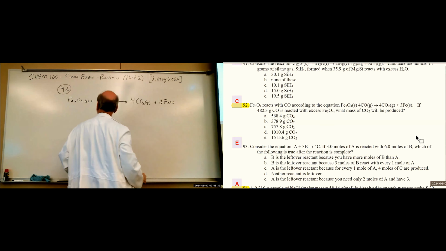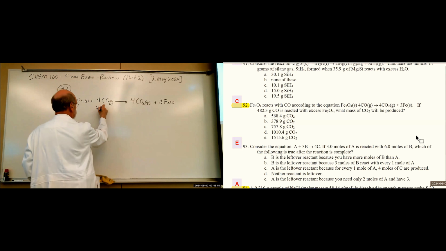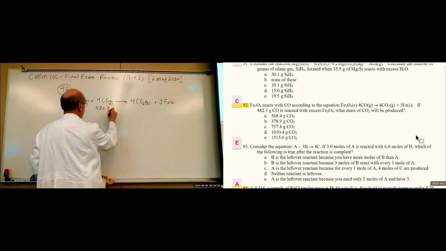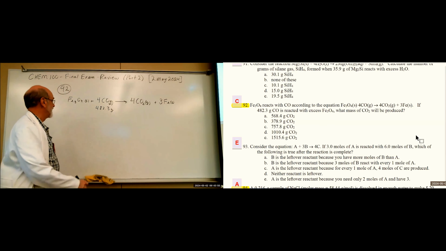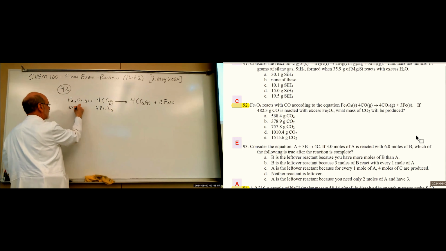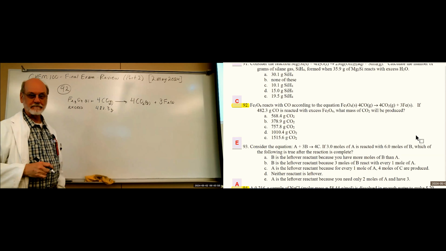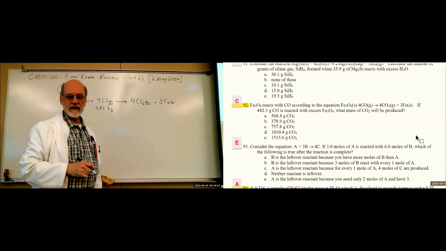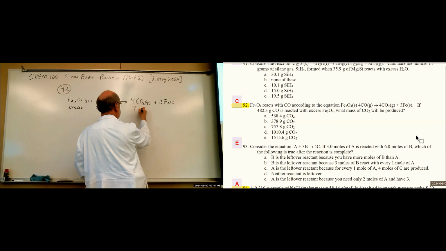All right. Let's see, as long as I've got it written correctly. Yep. So 482.3 grams of carbon monoxide, and excess Fe3O4. We want to know the mass of carbon dioxide. So how many grams?